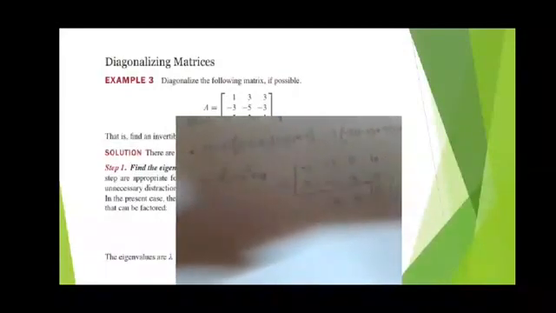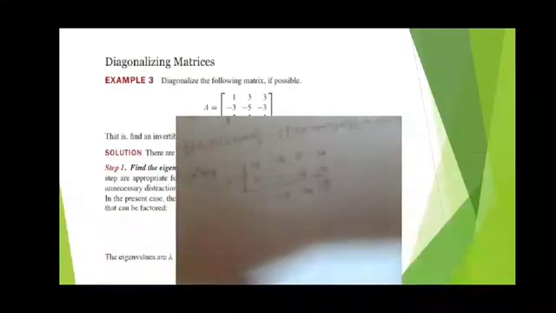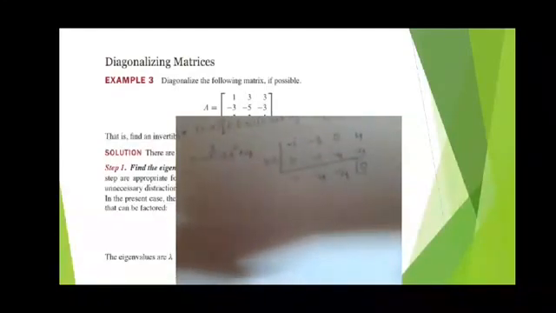Once just see this again: we already have minus lambda cube minus 3 lambda square plus 4, using the synthetic division method, taking the coefficients of the lambdas minus 1, minus 3, 0, 4.